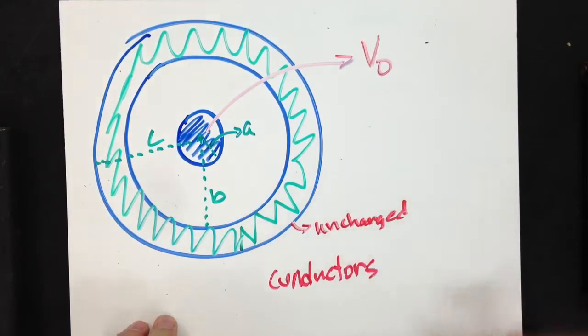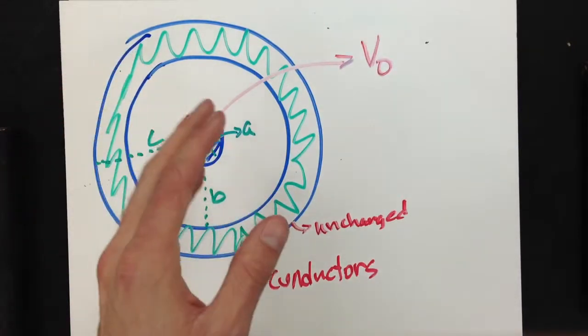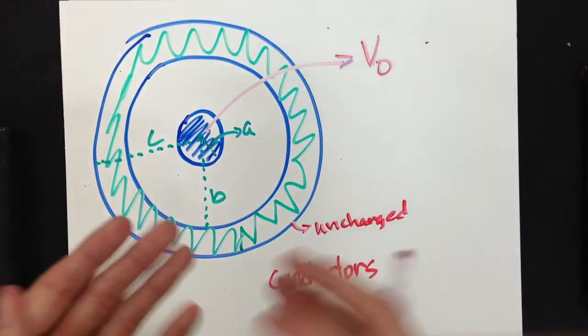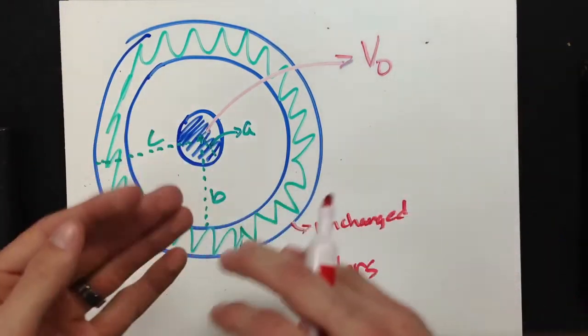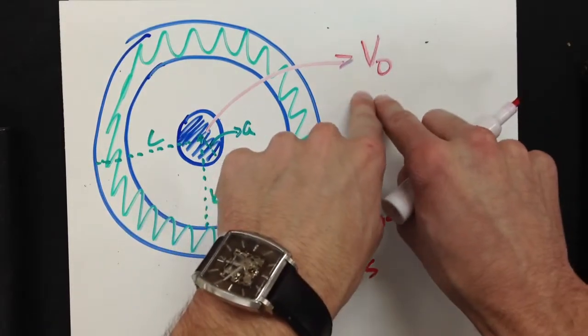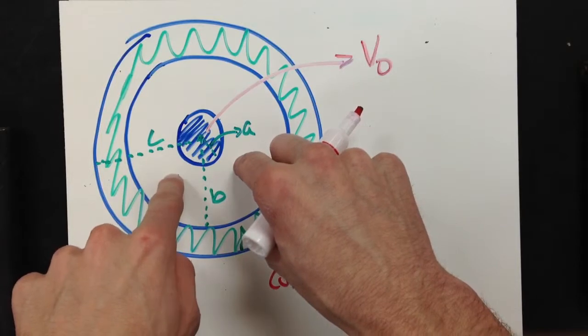Okay, and what can we do from knowing that this sphere is charged to an initial potential? Well, potential is related to electric field, and electric field is related to charge. So what we can do with this is figure out what charge this thing will have initially.